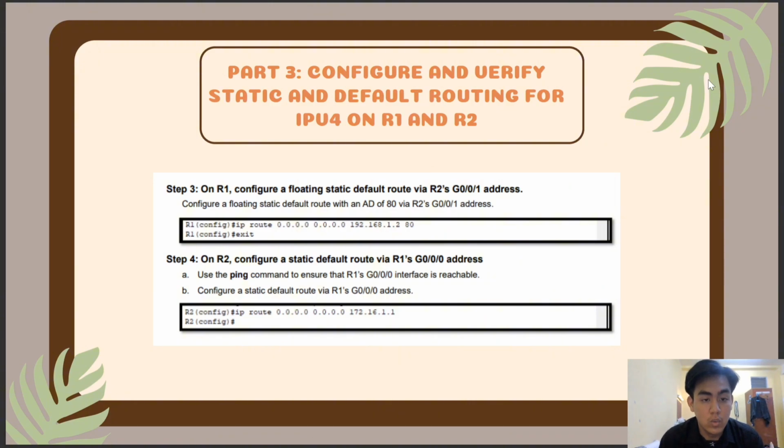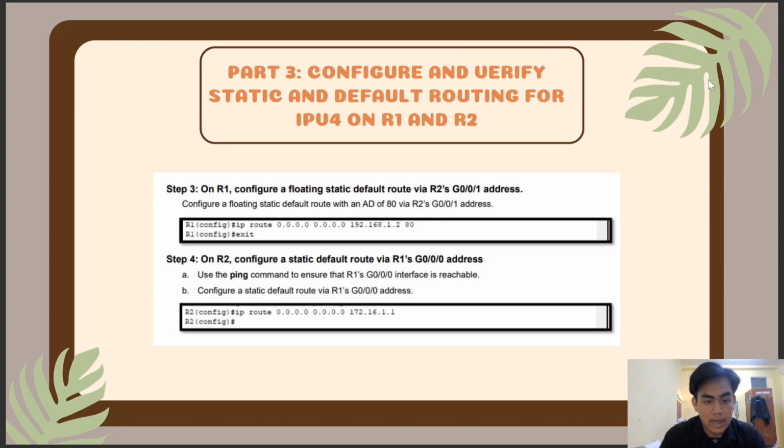Okay, yang dekat 2, configure static default routes with AD of 5 via R2, lalu dekat G0/1 address. So IP routes ni kita setkan dekat G0/1 address.